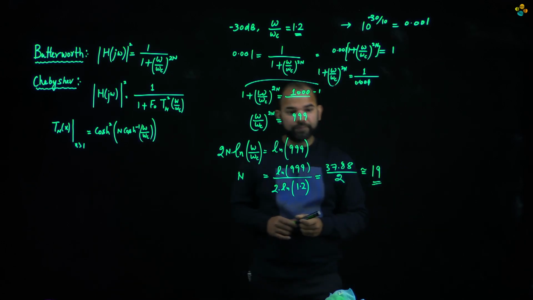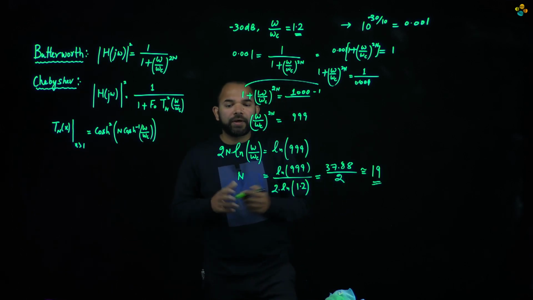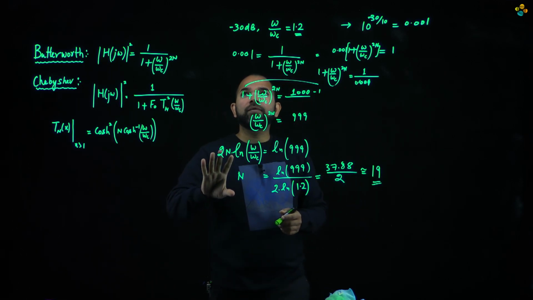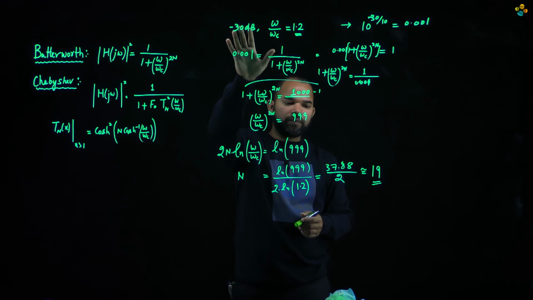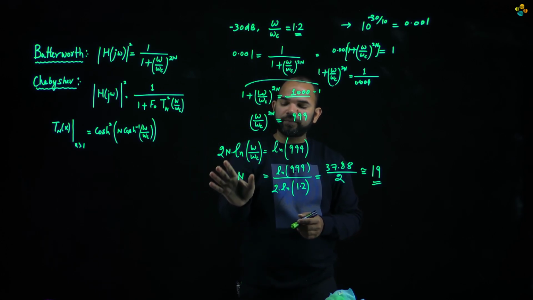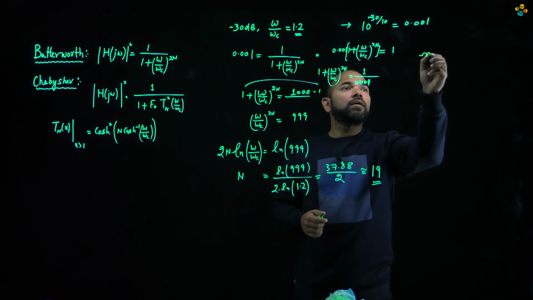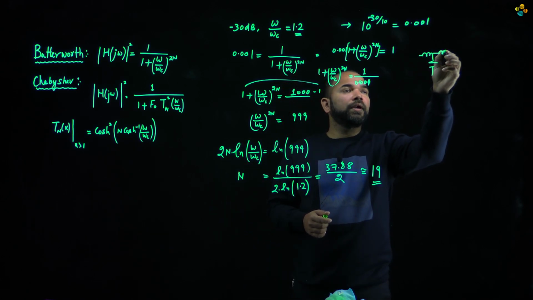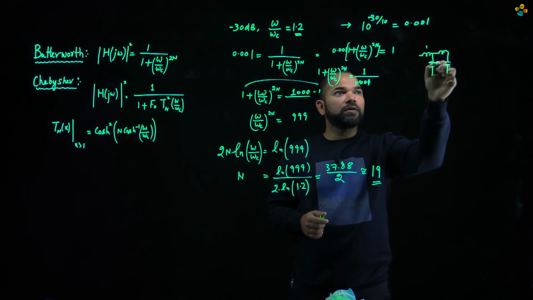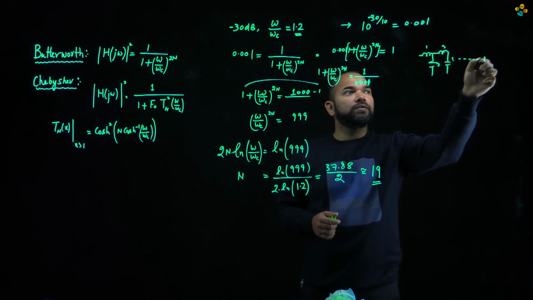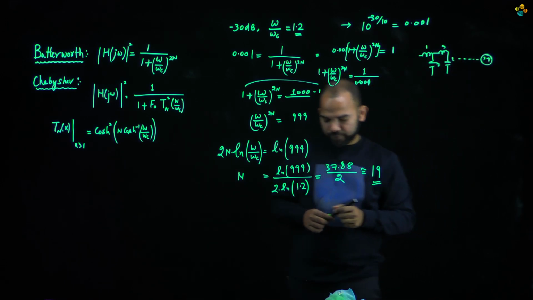to be 19. So what it signifies is, if we want to design this kind of roll-off, we have a Butterworth maximum flat filter of order 19. So we need to have 19 lumped components in this configuration, say 1, 2, 3, 4, and so on for the 19th combination.